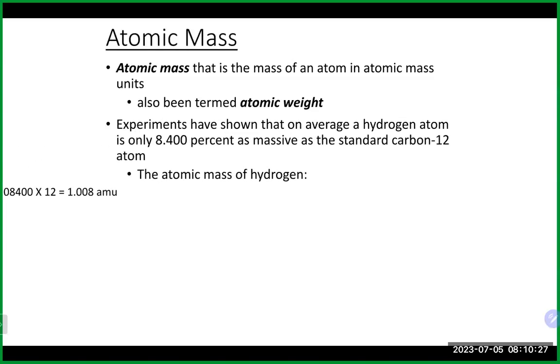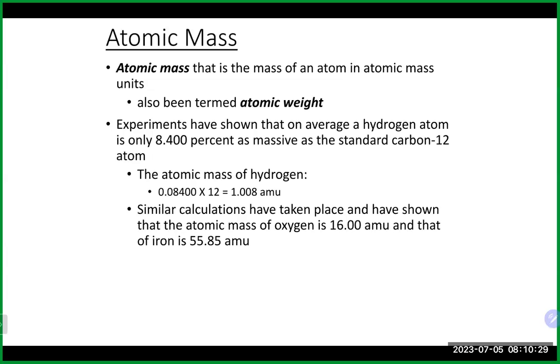So atomic mass, which is also referred to as atomic weight, can be found on the periodic table. As I said, they used carbon-12 as the standard. They did some experiments and it showed that, for example, hydrogen is only about 8.4% as massive as the carbon-12 isotope.